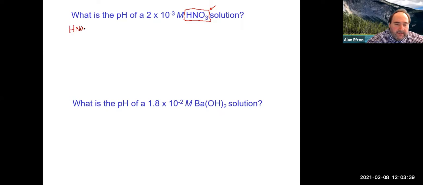Because nitric acid is a strong acid, it's going to 100% break apart into H plus and NO3 minus. So what you have in that solution is 100% what we have on the product side. For the pH, the only thing we're concerned about is the H plus concentration.